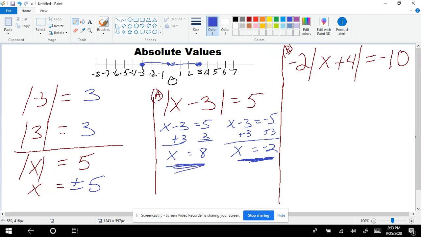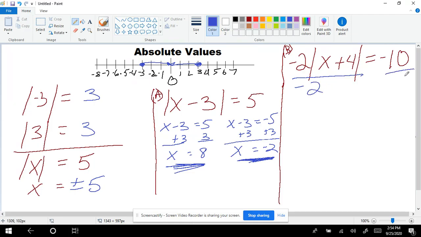Part B, let's work on this one. Remember I said we have to get it to absolute value only on one side before we can set up our two separate equations. Treat these almost like parentheses, except they mean absolute value. -2 is multiplying, but it can't actually distribute to those, so we divide both sides by -2 first.